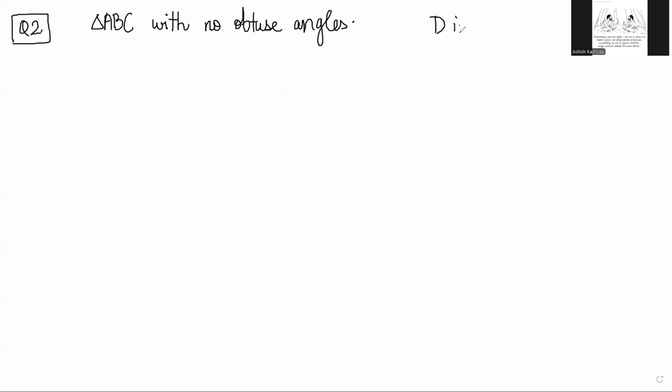Okay, question number 2. Here we have triangle ABC with no obtuse angles. And D is a point on AC such that AD is 3 by 4 AC.